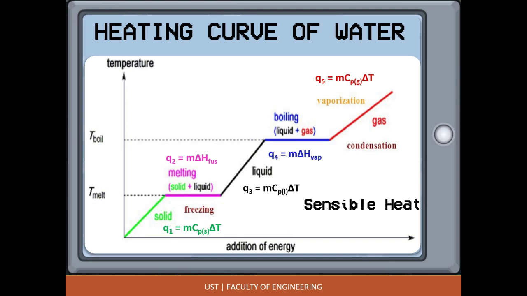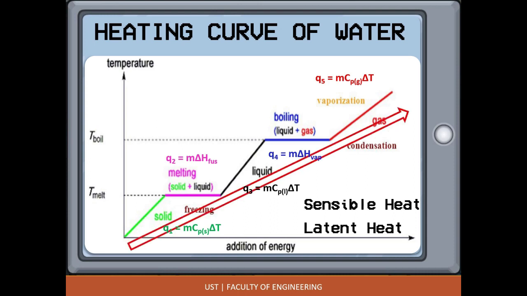The sensible heat, which is the heat associated with a change in temperature, and latent heat, which is the heat associated with the phase changes at constant temperature. Finally, to calculate the total amount of heat needed to completely vaporize the ice cubes, we just need to add the amount of the heat needed for the path water underwent. That is, Qt is equal to Q1 plus Q2 plus Q3 plus Q4 plus Q5.